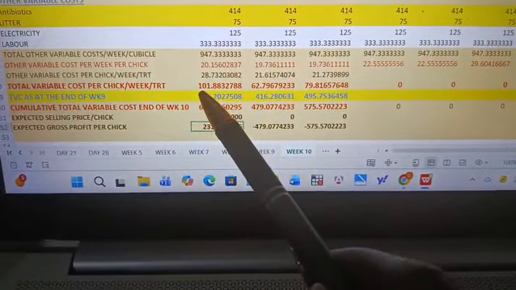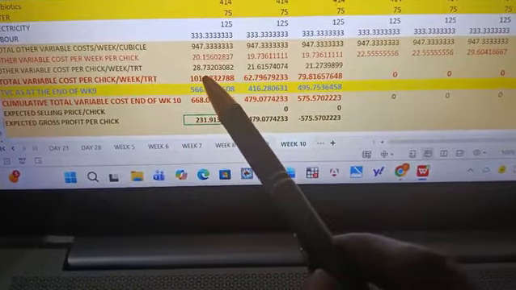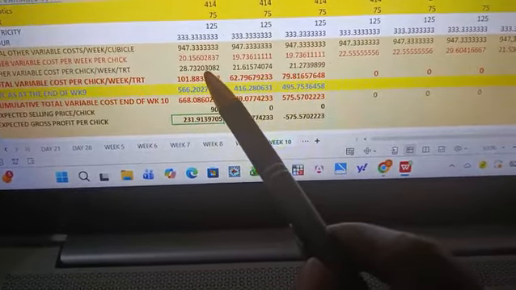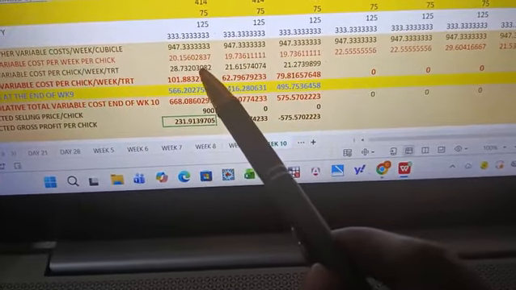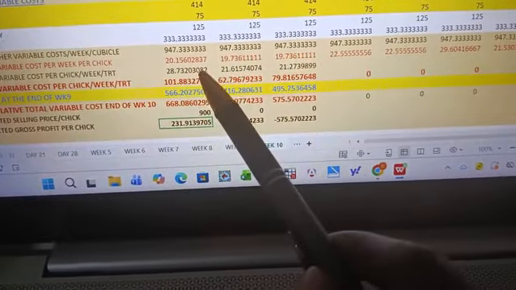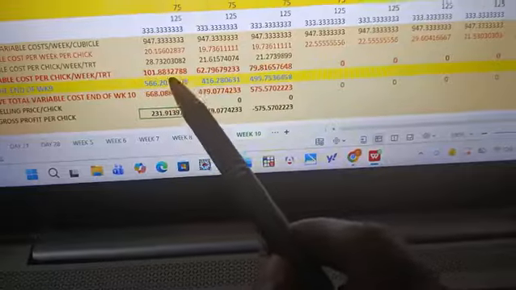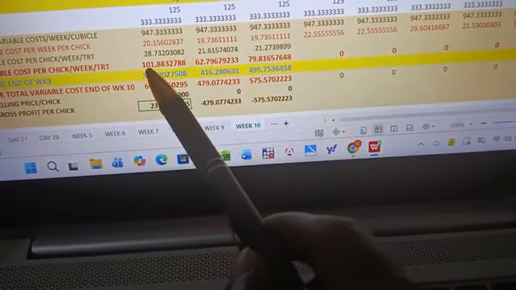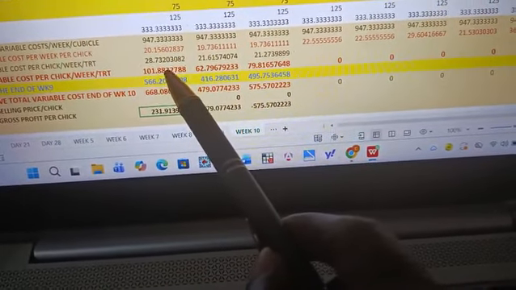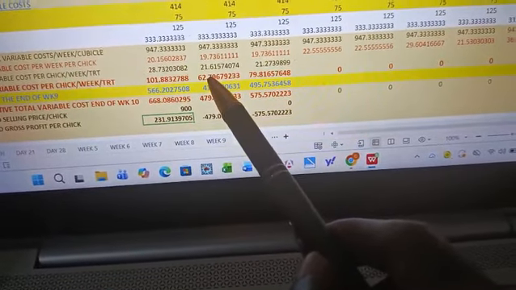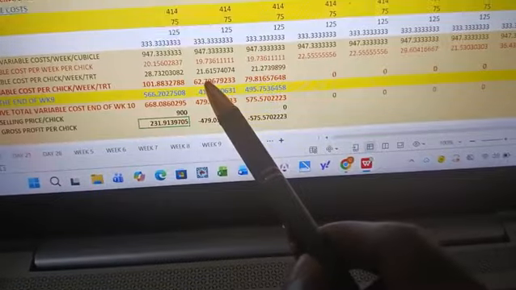So we are simply saying that on the 10th week, those birds that were consuming finisher pellets, each bird, the farm spent 101 shillings per chick or per bird. Those that were feeding on kienyeji mash, the total cost of production was 62 shillings.